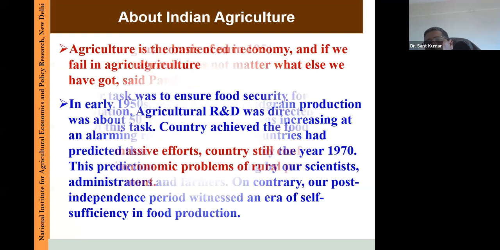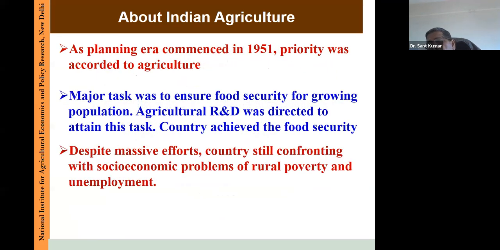So as the planning era began in 1951, agriculture was given the utmost priority for development. The major task was to ensure food security for the growing population, and agriculture R&D was directed to attain this task.